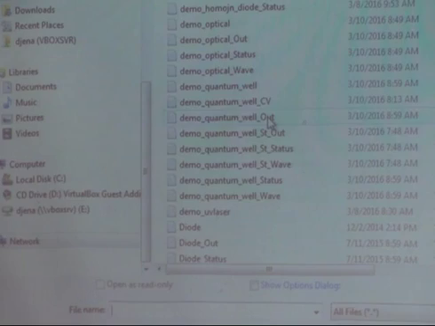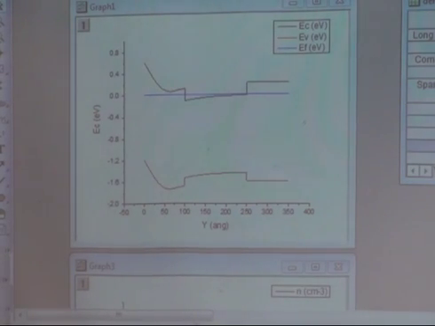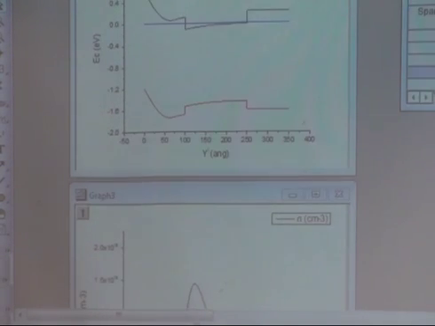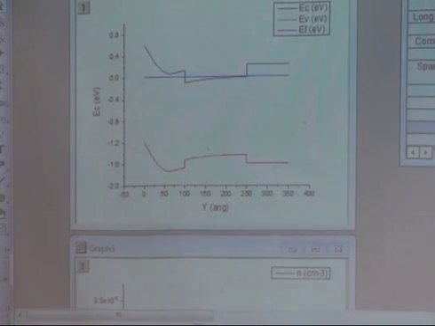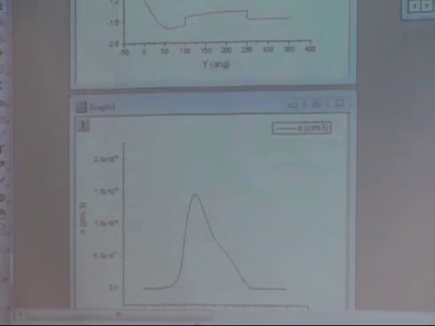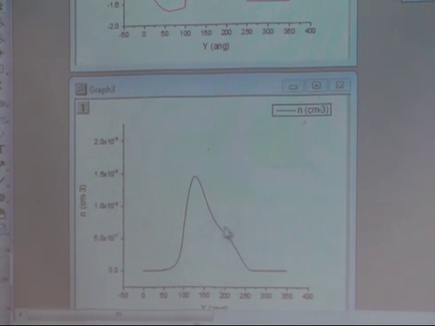Quantum well. Okay, there you go. So you see, it did what we expected. You can see the electron gas now, the quantum well is filled with electrons. The volume density is reaching about 10 to the power 18 per centimeter cube.